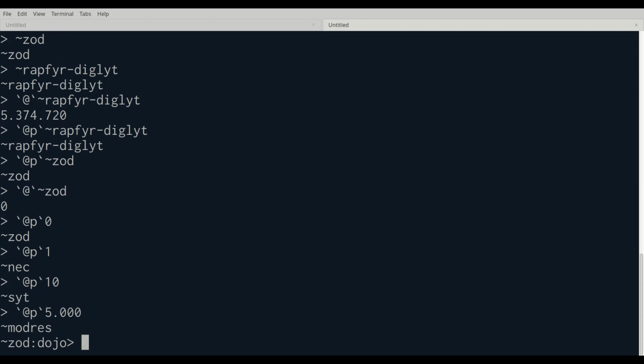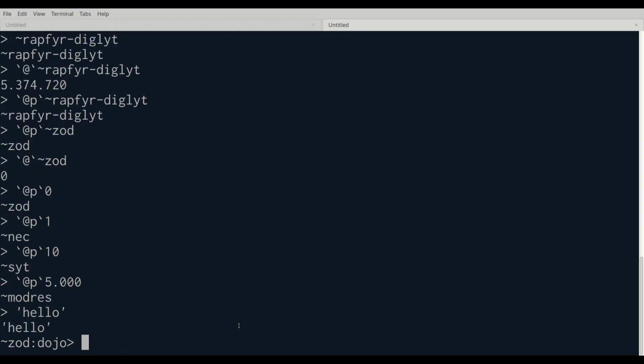One aura in particular that is interesting is a cord. We type a cord by using single quotation marks and having some text in it. When we type that into the dojo, it just accepts it as a cord.